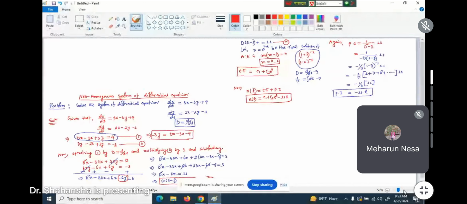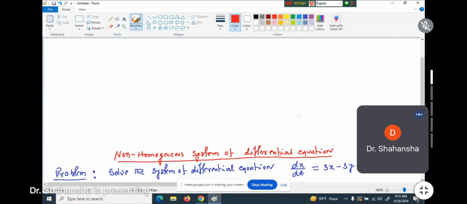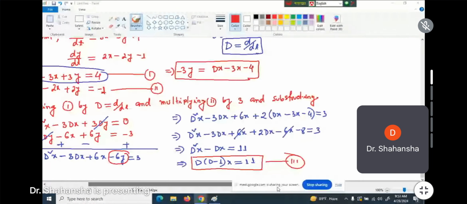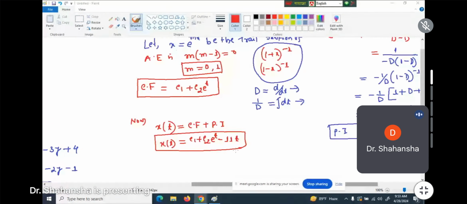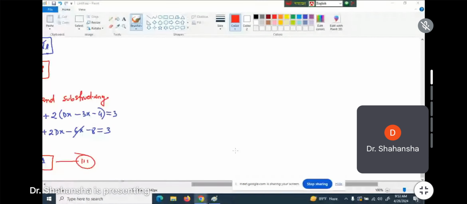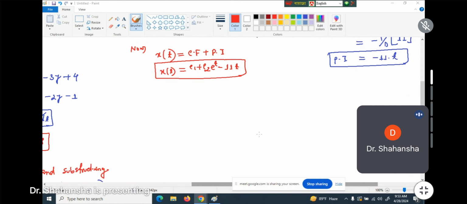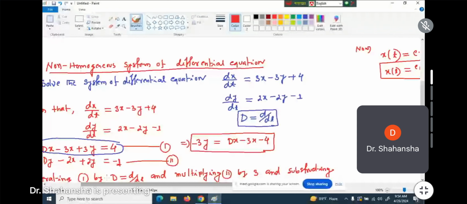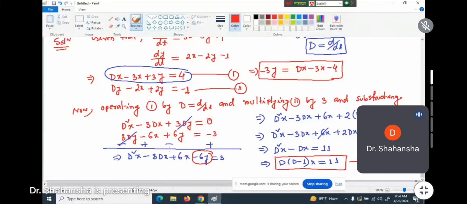Now, maybe one of my friends asked me, sir, that we only find the solution of x of t. If we want y of t, that means you will go to the same values and the same pattern of the equation. If you want to reduce x of t by y of t, the answer will be the same.